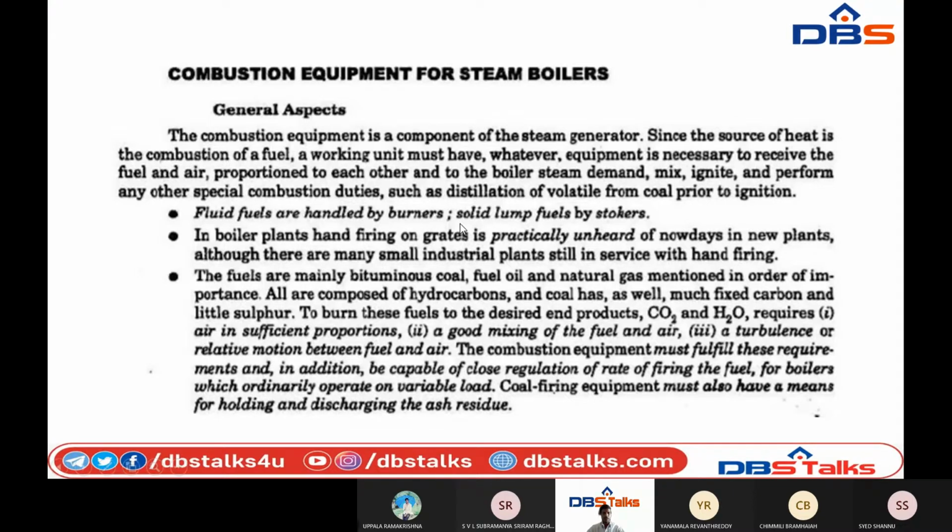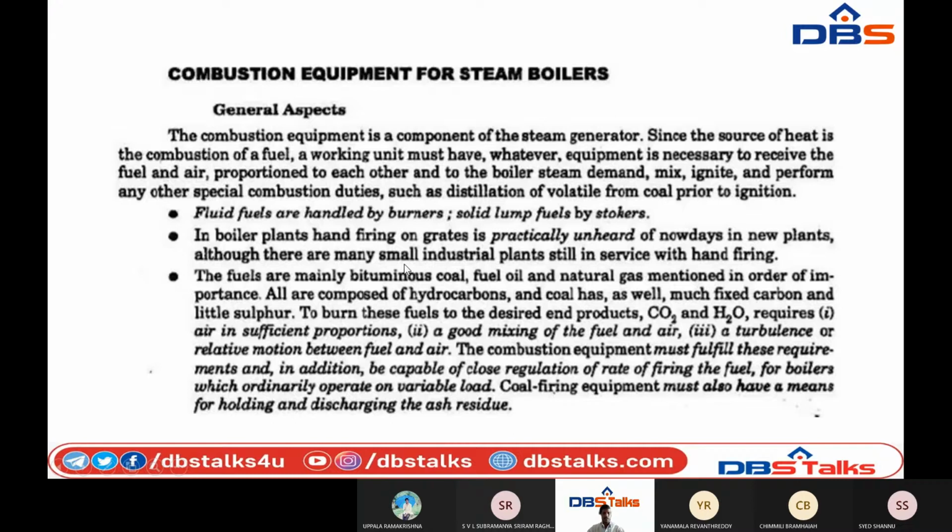But here we are using bituminous coals, composed of hydrocarbons, as well as much fixed carbon and little sulfur. To burn these fuels, the desired end products, carbon dioxide and water, require air in sufficient proportions, and good mixing of the fuel and air is required.